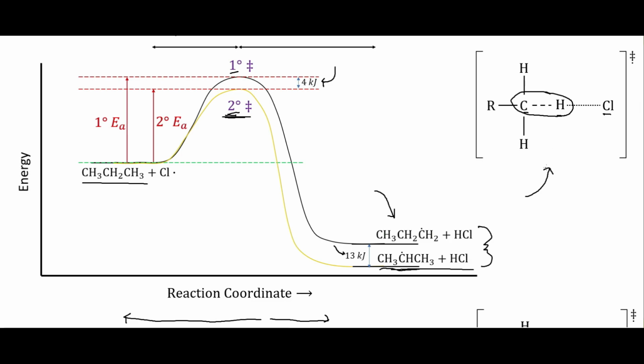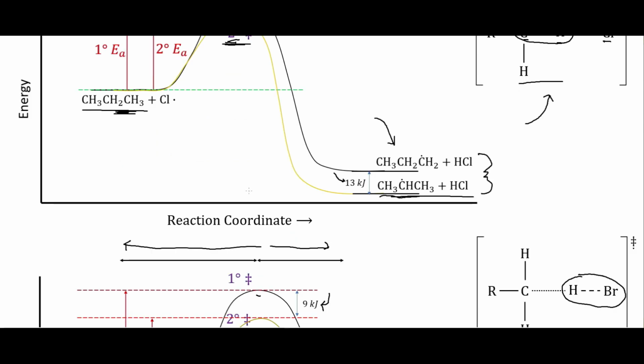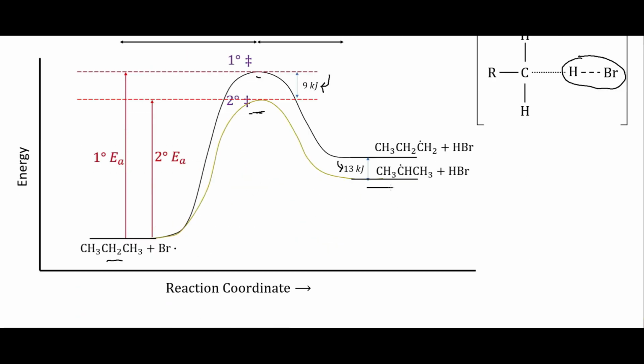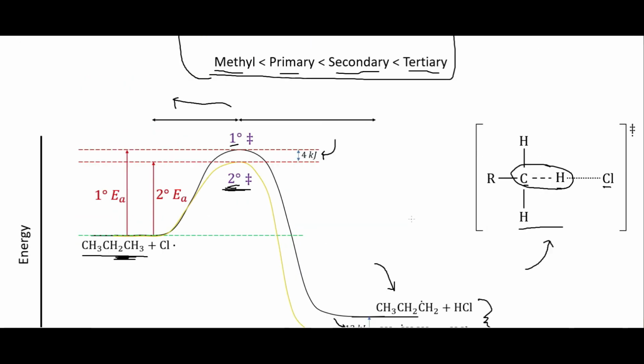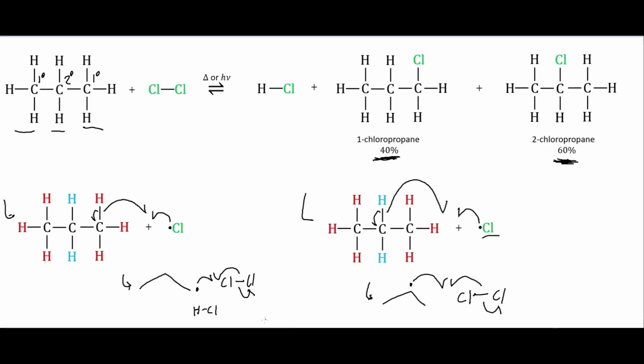The other one is this Hammond's postulate here that the transition state is closer in its appearance, or closer in its structure, I guess, to the higher energy part here. So with chlorination it is closer to the reactants, whereas bromination is closer to these products here. And yeah, that is the take-home message for that part of the video.